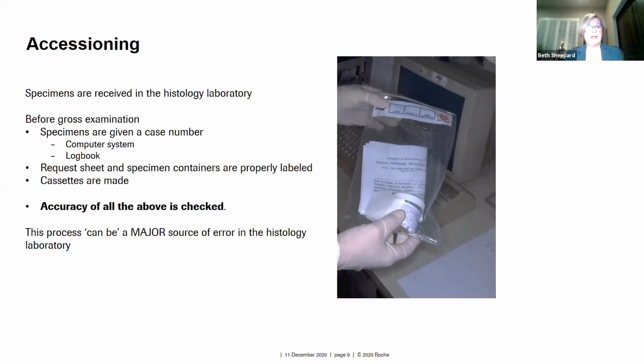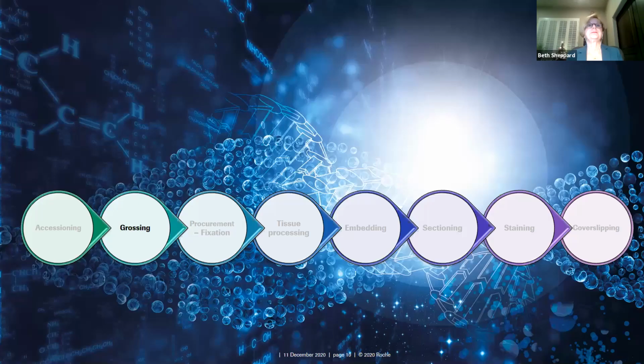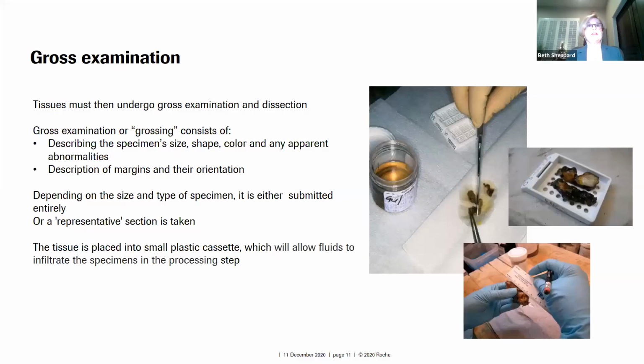This is, as I said, a major source of error in the histology laboratory, and you wouldn't even know that the specimen was incorrect if the label didn't match, or even if the sample was put into the wrong container. So next we're going to be speaking about grossing.